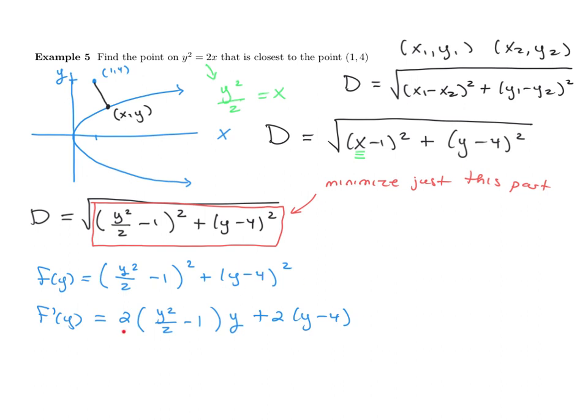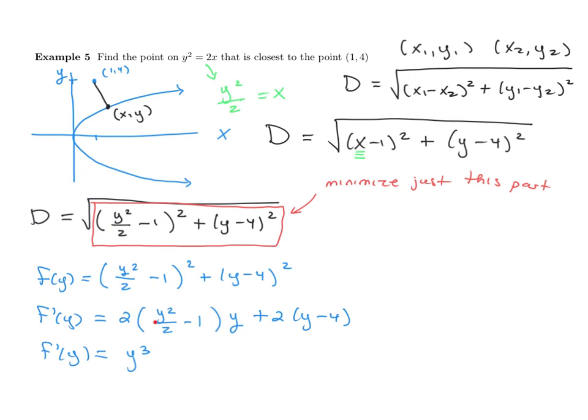Let's simplify this thing. I'm going to multiply in the 2 over here, and multiply in the 2 and the y at the same time. We get this. f prime of y is, if you multiply in the 2, you just get y squared minus 2. If you multiply in the y, you'll get a y cubed minus y. If we do that at the same time, we get y cubed.